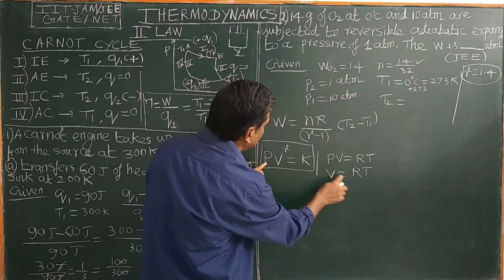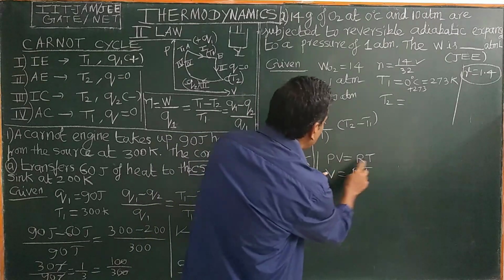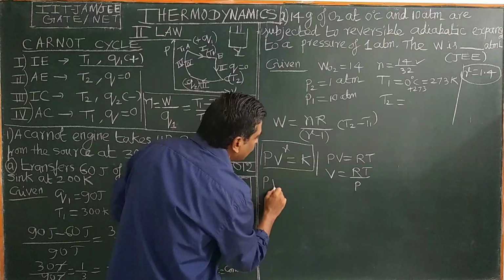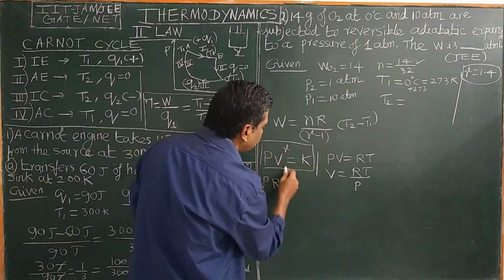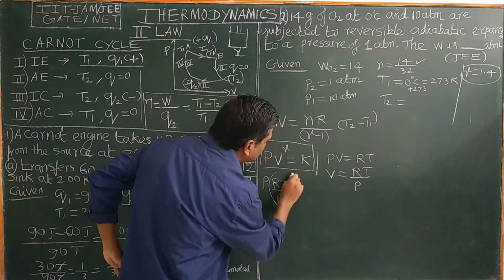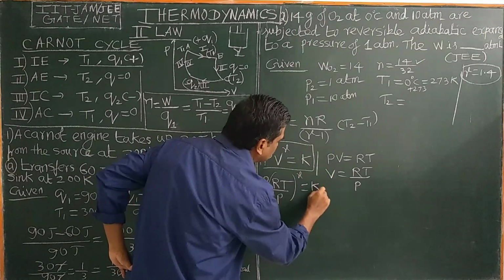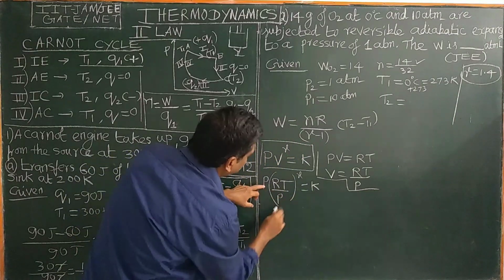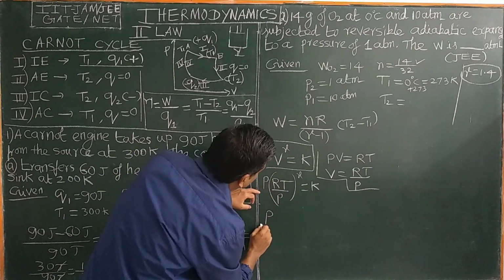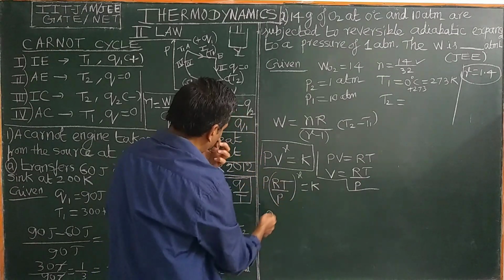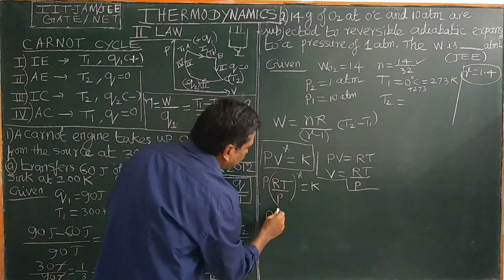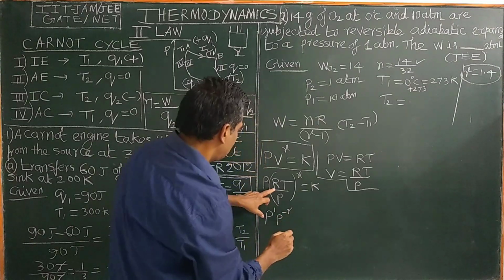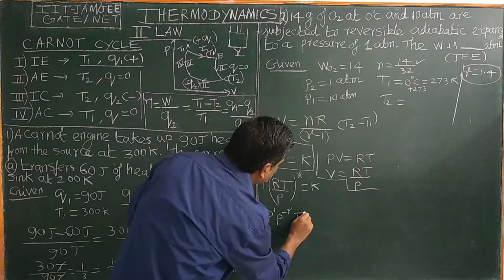Now you substitute V here. V is equal to RT by P. Let us substitute this in the expression PV to the power gamma equal to constant. Instead of V, RT by P. Now what will you get? P can be brought to the power 1 minus gamma, and T to the power gamma.